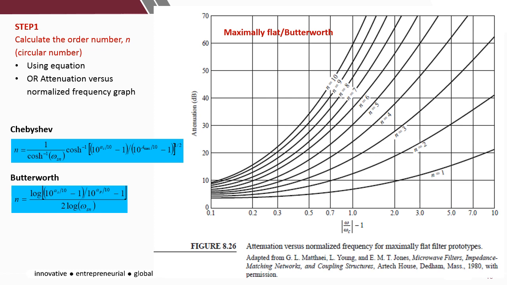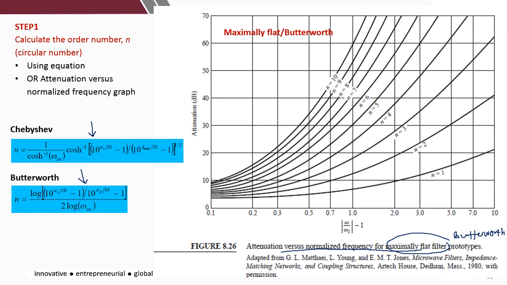For step 1, to calculate the filter order number, you can use the equation, depending on the type of filter you are about to design. But if you don't have the equation, you can use the graph, attenuation versus normalized frequency, to estimate the filter order number. You need to make sure that you refer to the correct graph. This one is for maximally flat, meaning this graph is only for Butterworth filter design.